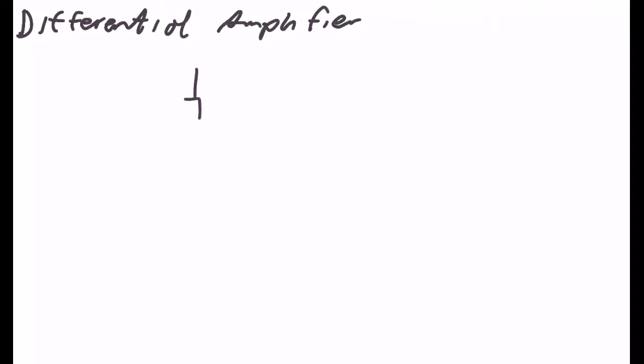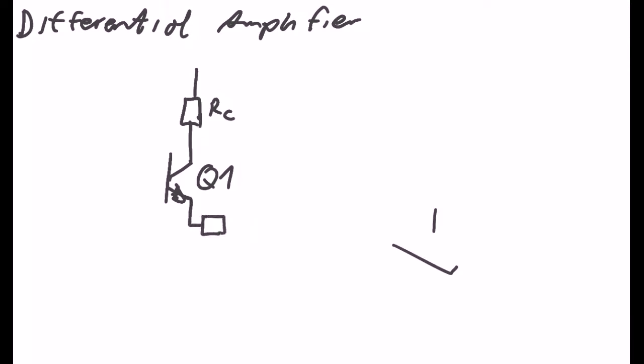We have a load resistor RC, then we have a transistor Q1, and we will have a feedback resistor for better temperature stability, RE, and we have a mirrored way with also a transistor and another load resistor.